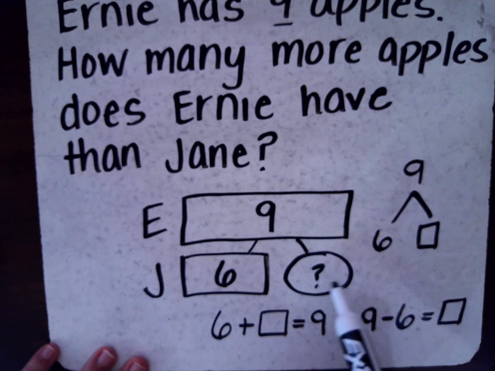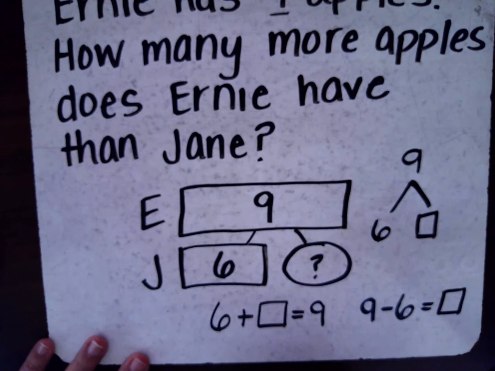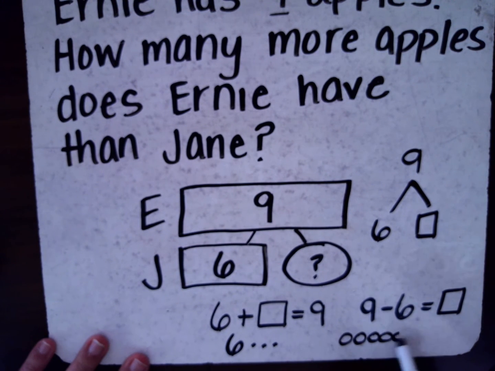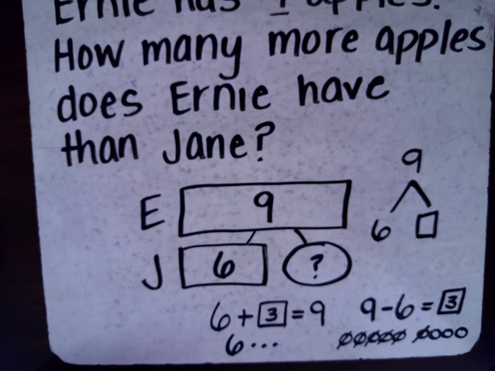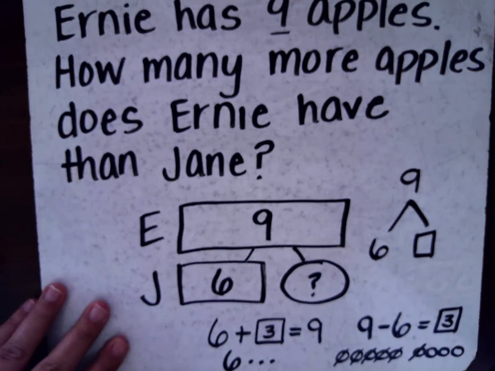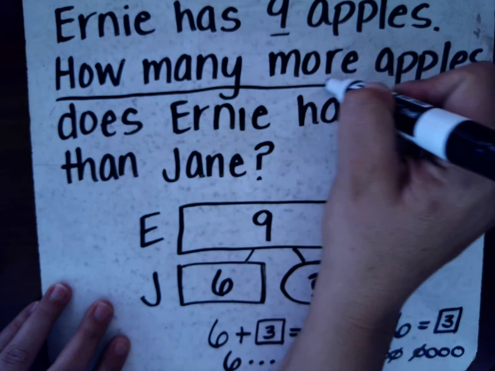I am missing a partner. If I'm missing a partner, I can solve by adding up, or I can solve by subtracting. So when I do that, I have a 6, 7, 8, 9, or I can draw 9 circles, and I could cross off 6. Here's 5 and 6. Either way, I'm going to get 3. Now let's go back and look at what is our label. So here is my question.